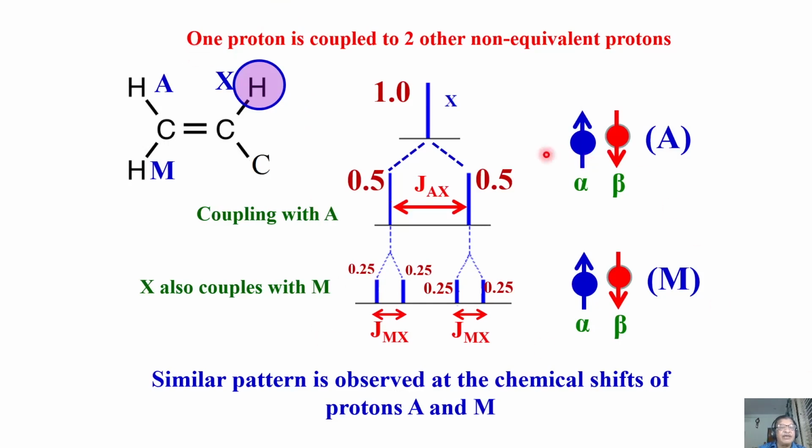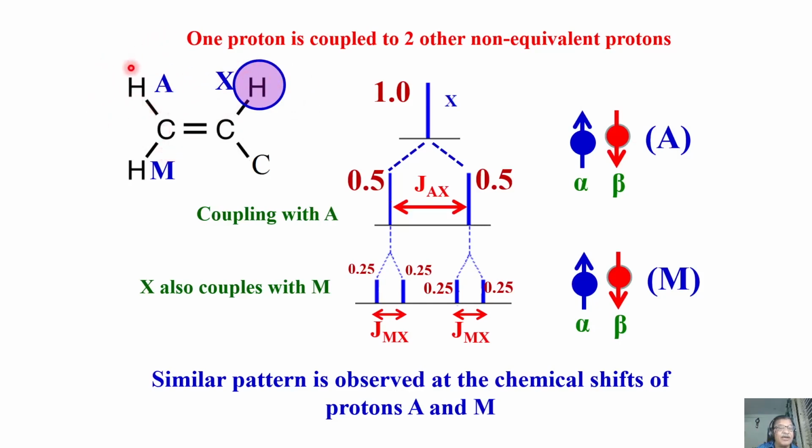Okay. Now I was concentrating on this proton X. Forget it. Now I look at the proton A. When I see proton A, what is the type of splitting I am going to get? Remember, this proton A, again similar to X, experiences coupling with this. What happens? It will become a doublet.